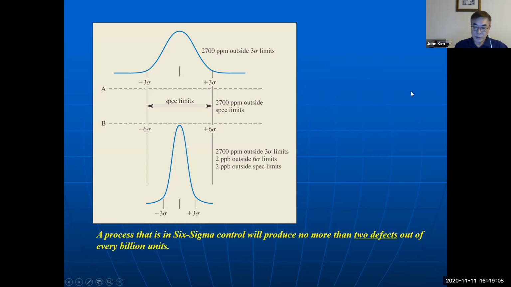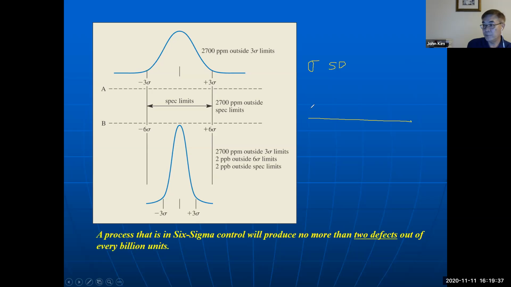If we use a quality control level using 3 sigma, sigma is the standard deviation.